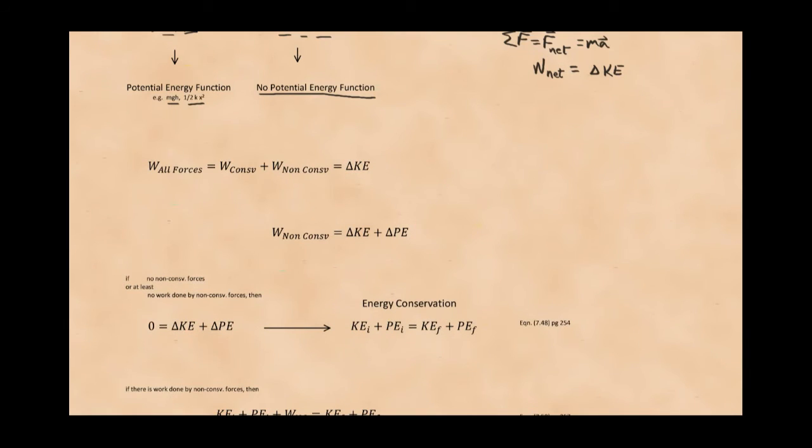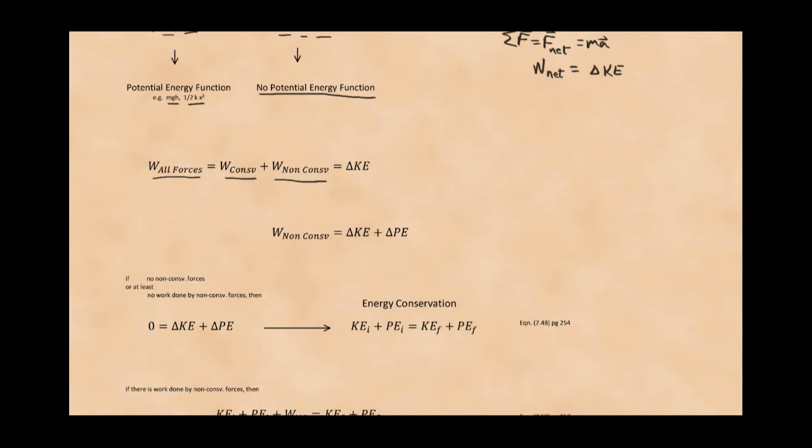Now, since we can divide forces up into conservative and non-conservative, we can take our work energy theorem and say that the work done by all forces is equal to the work done by conservative forces plus the work done by non-conservative forces. And that will equal the change in kinetic energy.